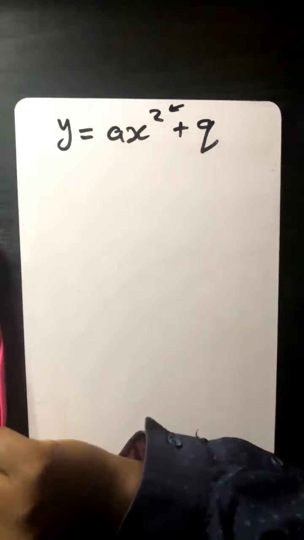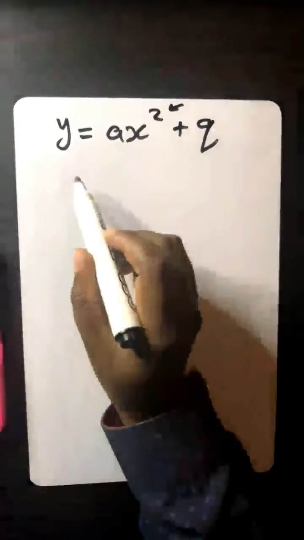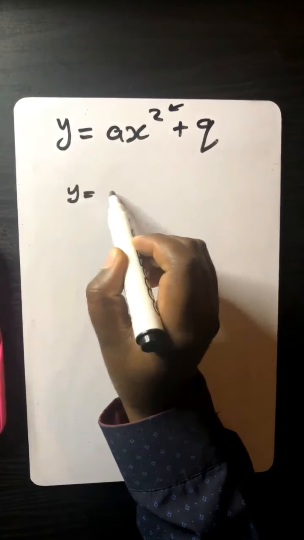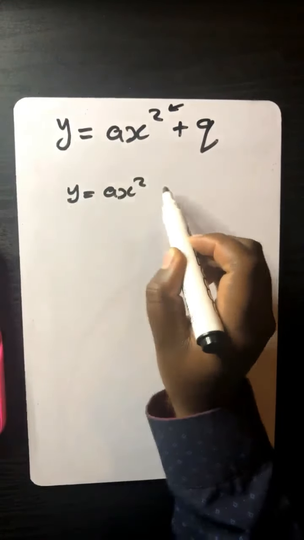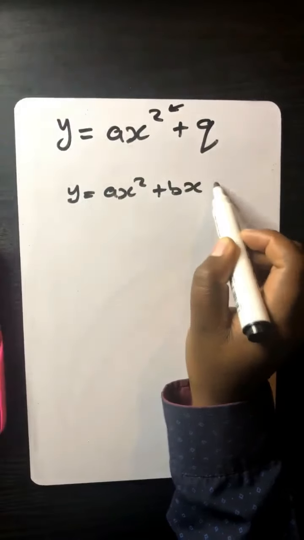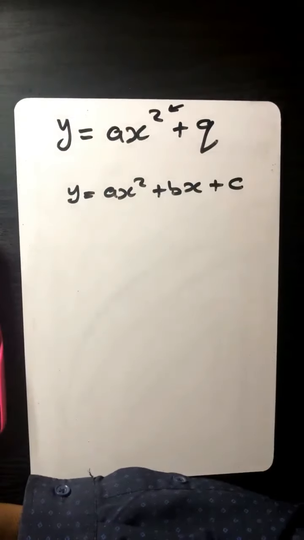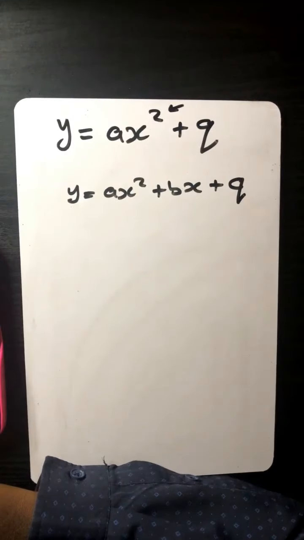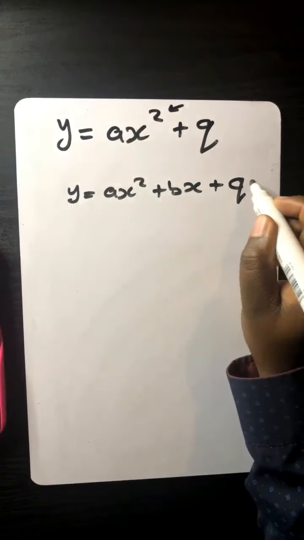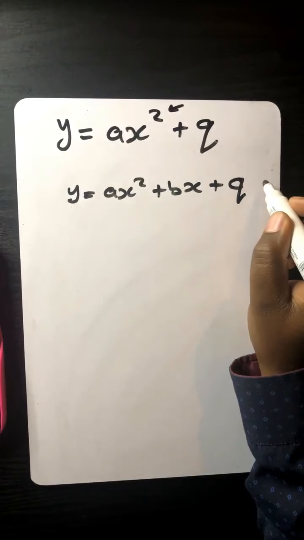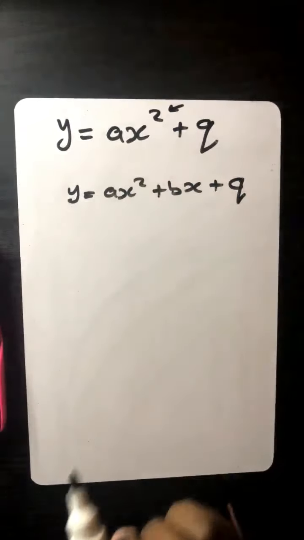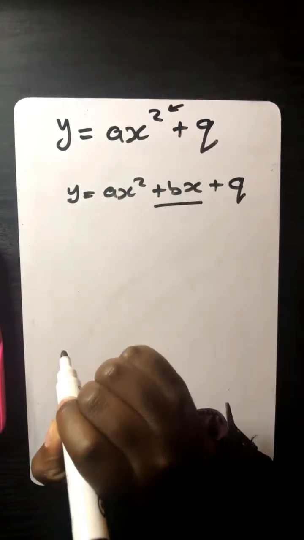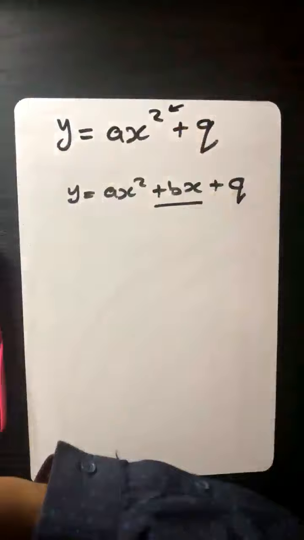Is it in the standard form? Yes, it's in the standard form. Remember, for it to be in the standard form, it's y equals ax squared plus bx plus c. In this case, instead of c they used q, but it doesn't matter whether it's a, b, c, d, or any letter from a up to z. The question you might be asking is where is that bx? Don't be confused.